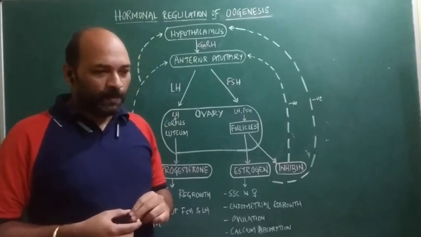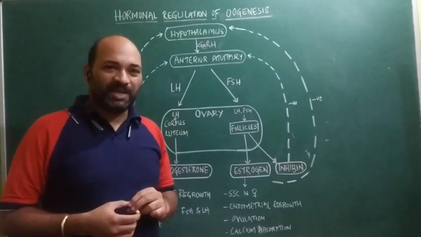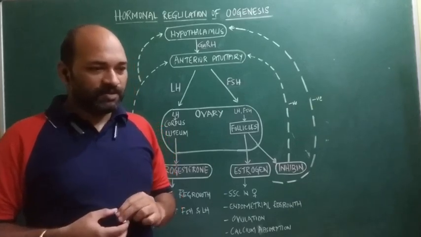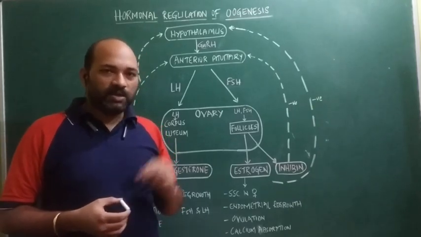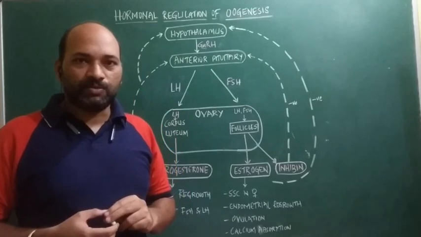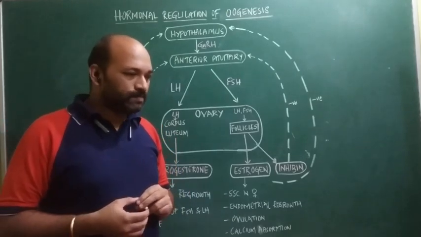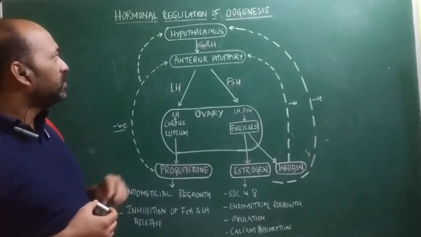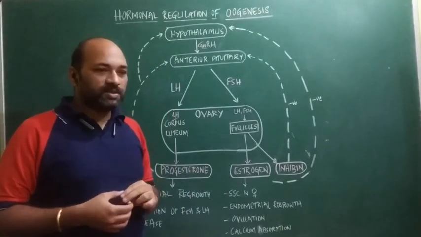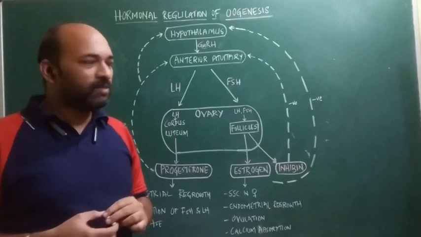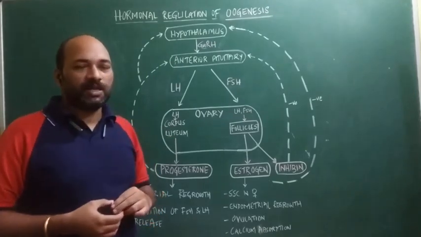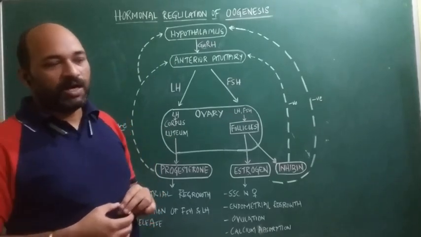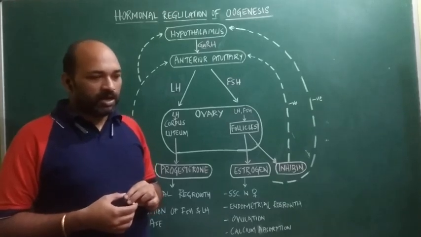As you know, oogenesis begins during fetal life and it gets completed once the sperm enters the secondary oocyte. The entire process of oogenesis is regulated by hormones, namely the hypothalamic hormones, pituitary hormones and the gonadal hormones.